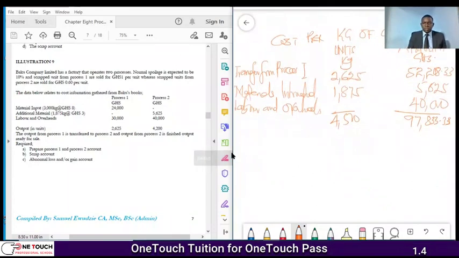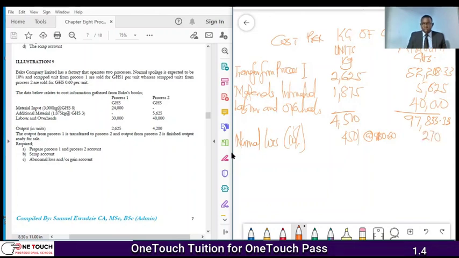Now, normal loss is 10%. So 4,500 times 10% gives us 450. And this can be scrapped at 0.60, so 450 times 0.60 gives us 270.